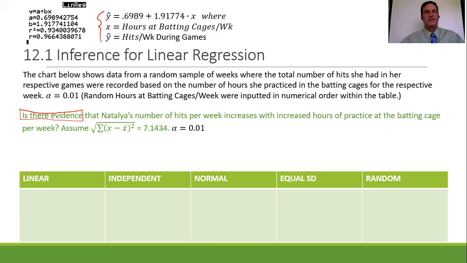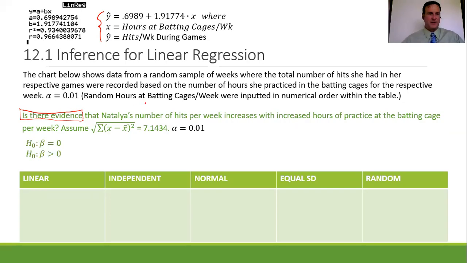This one, we're talking about slope. Is there some type of positive relationship between the hours of practice that she has in batting cages per week and the number of hits that she has in the games for that respective week? Since I'm looking for that explanatory response relationship, I'm going to look at our slope.